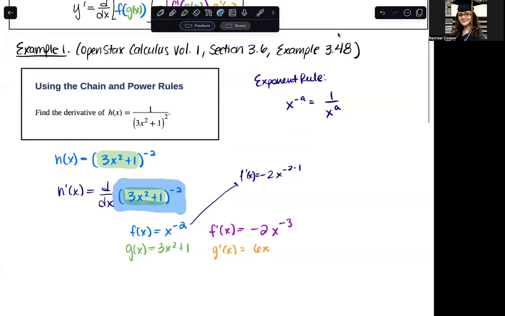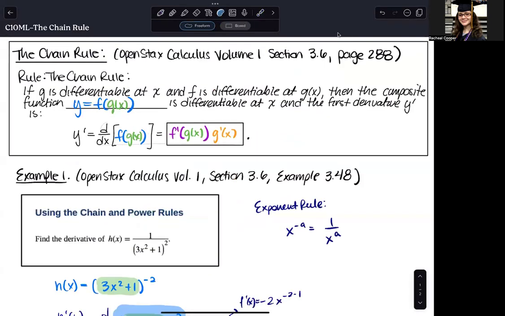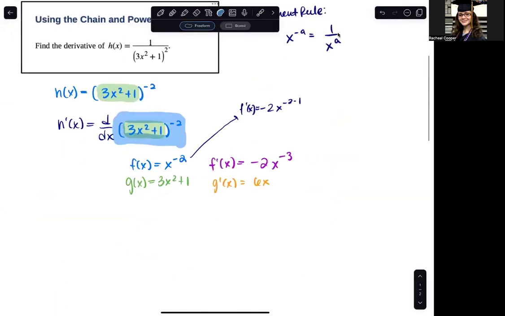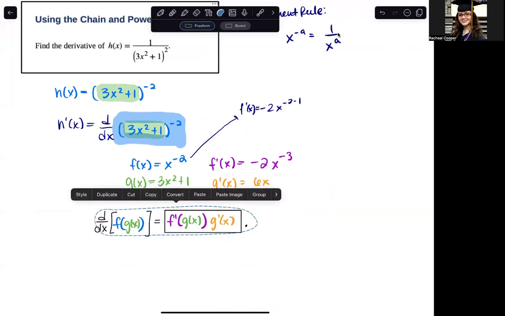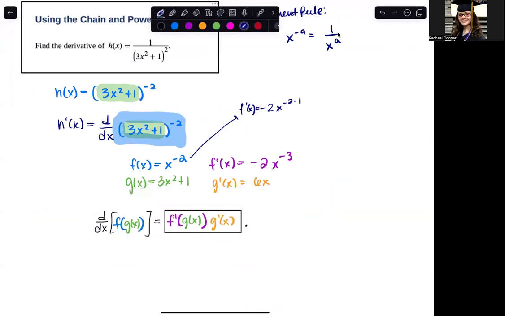Then write down your rule. I'm going to copy and paste it because I can, and I'm trying to do this in 10 minutes or less. But I encourage you to rewrite it every single time. As you do, you will become much more efficient using this rule. We call this an aside. Okay, this is scratch work, kind of. You can put this on another piece of paper if you feel so inclined.